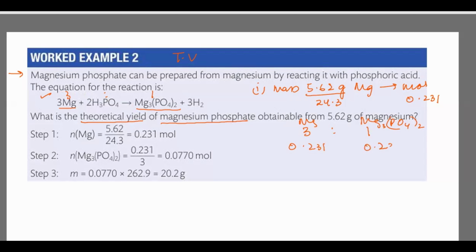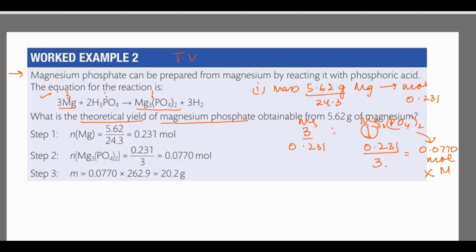Because the ratio is 3:1, we divide 0.231 moles of magnesium by 3 in order to get the 1 ratio for magnesium phosphate. So the number of moles is 0.0770.